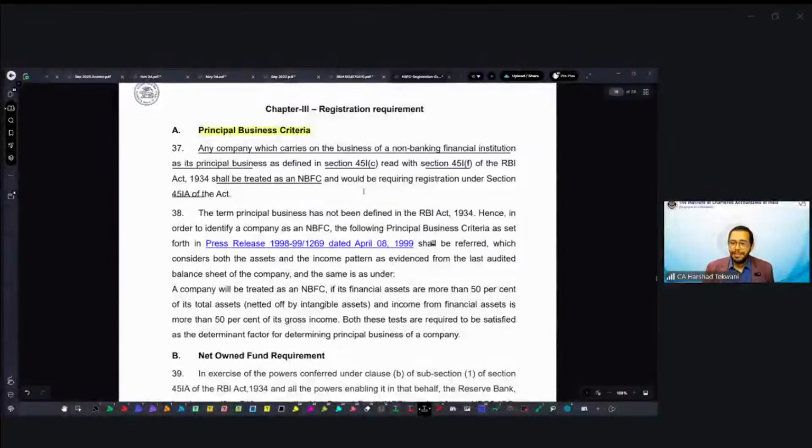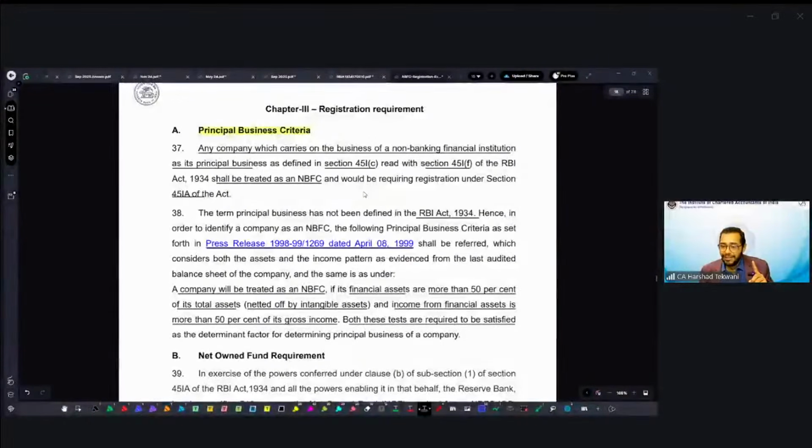Now, the term principal business is not defined in the RBI Act. But there is a very old press release, from 1999, which has defined the term principal business. And over there is a criteria that if a company has financial assets which are more than 50% of its total assets netted off by the intangibles, and the income from such financial assets is more than 50% of its gross income, both requirements are to be satisfied.